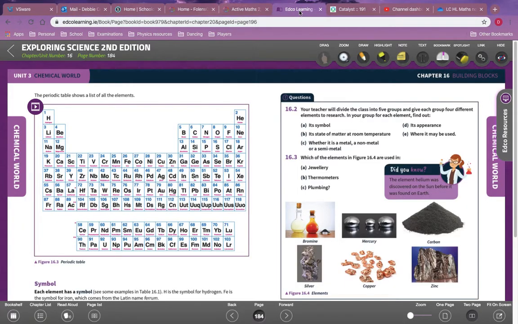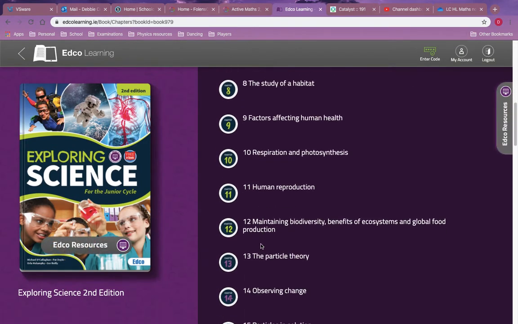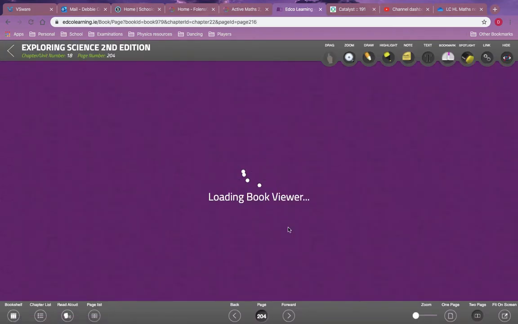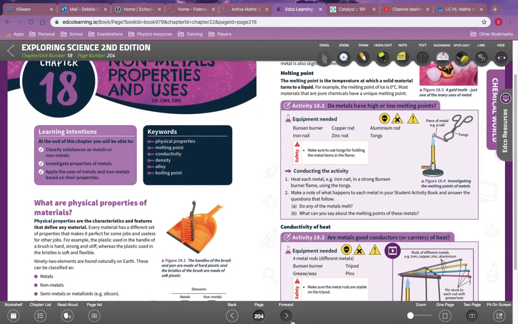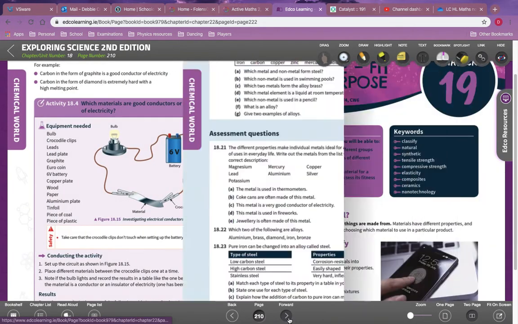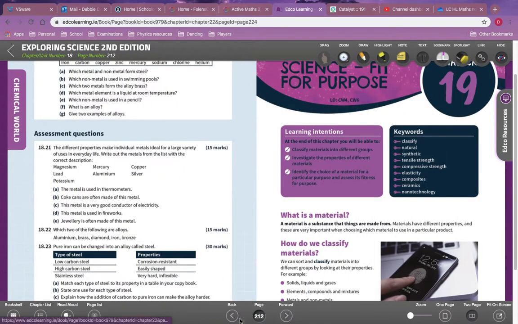Hang on, let me see, can I go in and get them? Let me go into metals and non-metals here and see, can we get the steps on the periodic table that split up your metals and your non-metals.